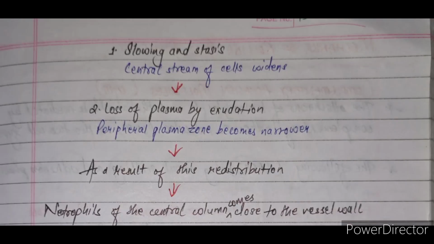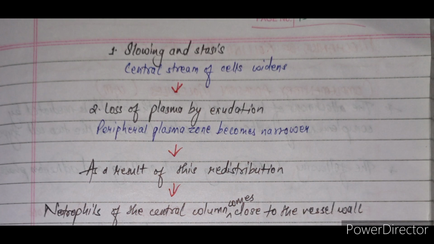Now let's see this flow chart. Due to increased vascular permeability, there was the formation of gaps, as we have already studied. Due to this, there was slowing or stasis of the blood, that is the central stream of cells widens, and due to the gap there was leakage of fluid as well as protein, and this step was known as exudation.